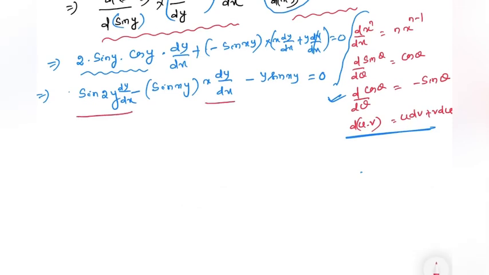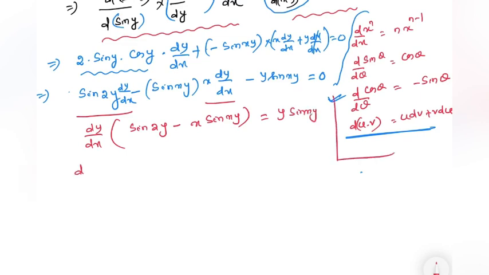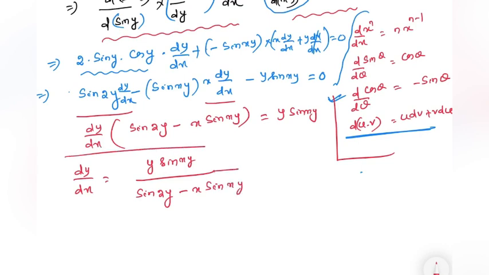So in these two terms, you can take common dy by dx. You will have sin 2y minus x sin xy is equal to y sin xy. So dy by dx is equal to y sin xy divided by sin 2y minus x sin xy. This is your answer. Check it.